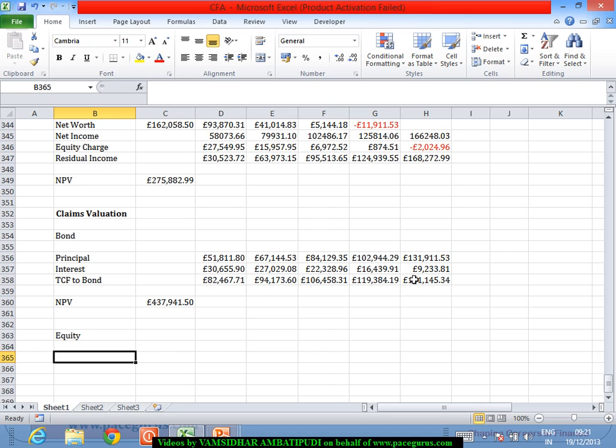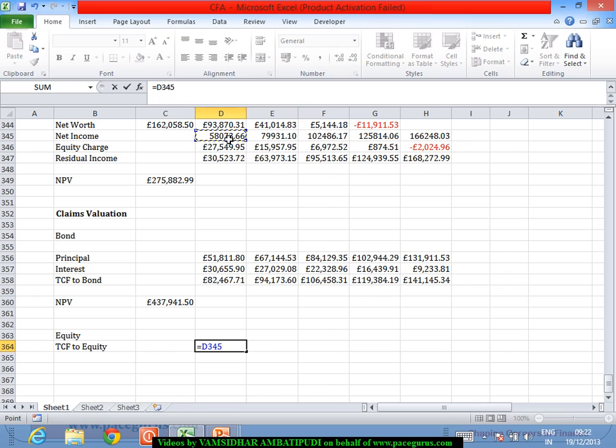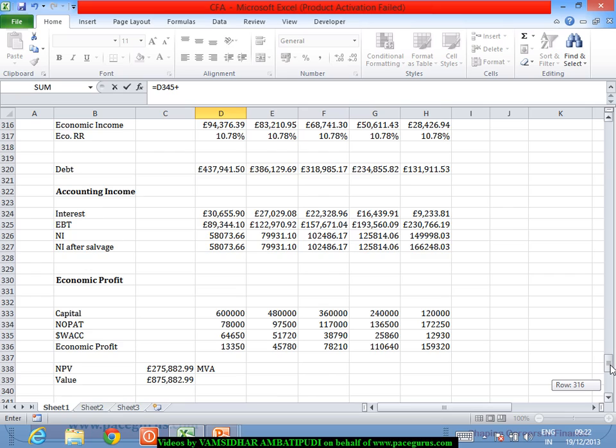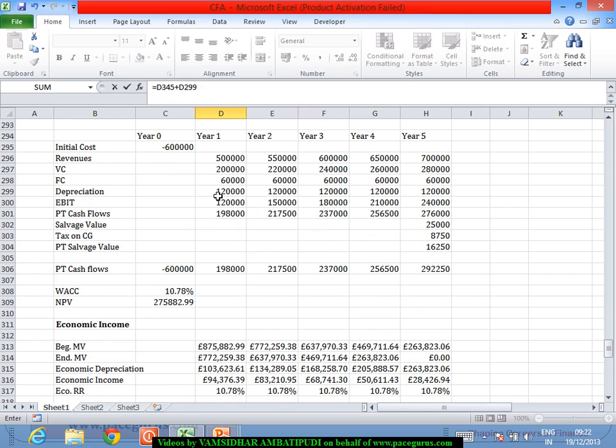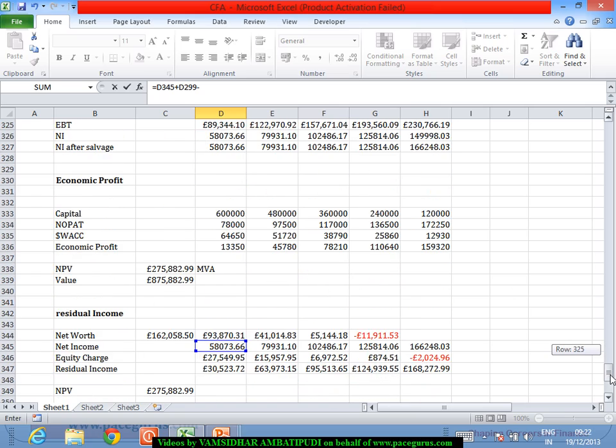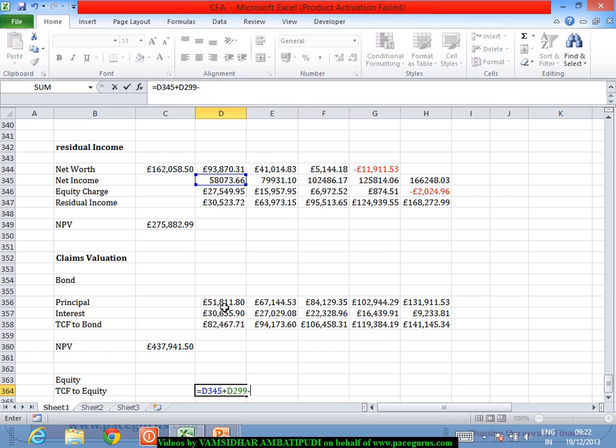So for the total cash flow to equity investors, I'll look at the net income plus depreciation, minus whatever is the principal repayment that I am doing.